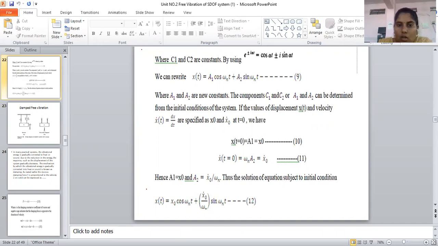We have to solve the equation of motion for this diagram only, for this damped free vibration only. So what is the problem, Priyanka? Can you please draw this diagram fast so we can move forward?